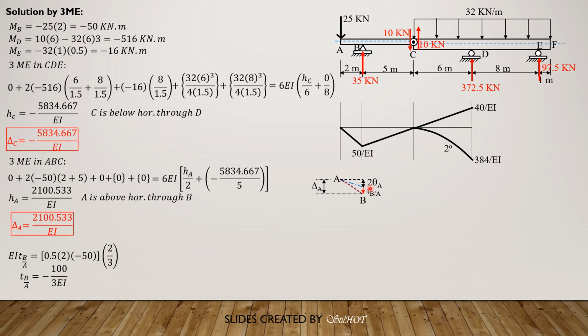So the absolute value of 2 theta A plus the absolute value of the deviation of B relative to A equals delta A. Or because theta A is expected to be negative, 2 theta A is equal to the negative of the absolute value of delta A minus the absolute value of the deviation of B relative to A. So again, theta A is negative 1/2 of the quantity absolute value of delta A, which is 2,100.533 over EI, minus the absolute value of the deviation of B relative to A, which is negative 100 over 3 EI.